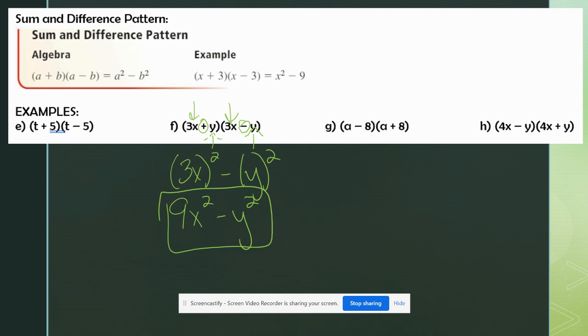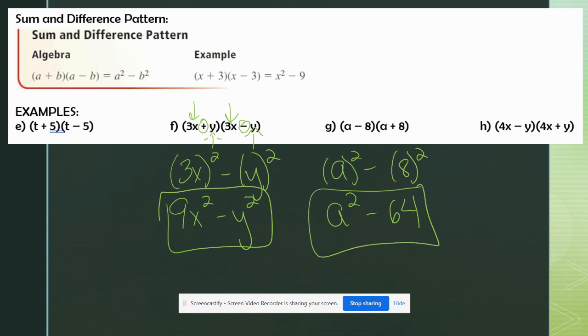Example G, we have a and a, 8 and 8, one's plus, one's minus. So a squared minus 8 squared. A squared is a squared. 8 squared is 64. And that's it.